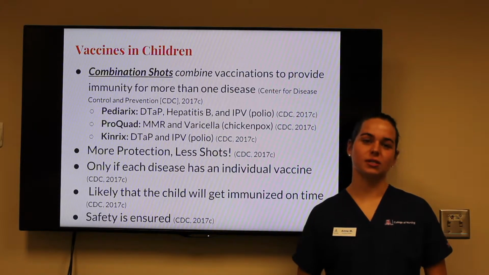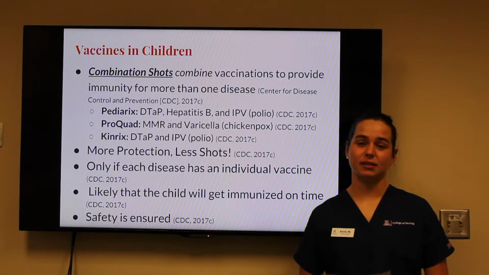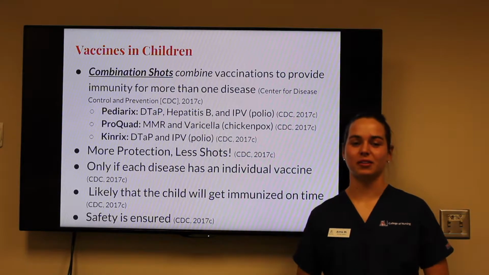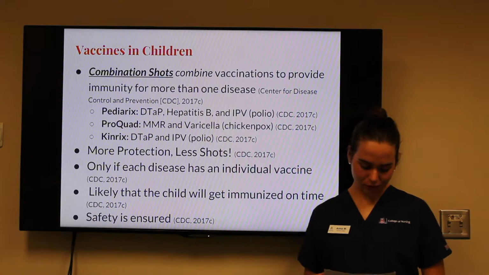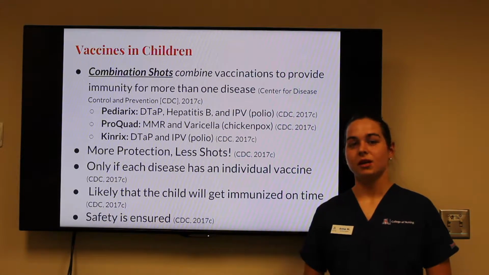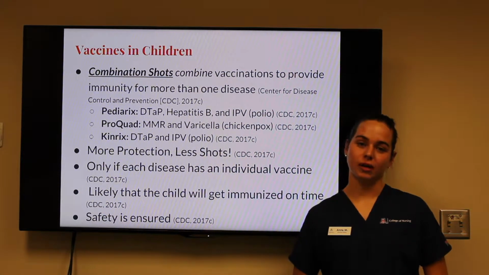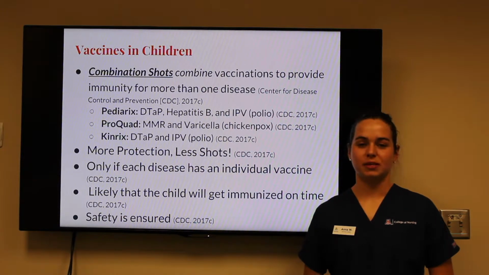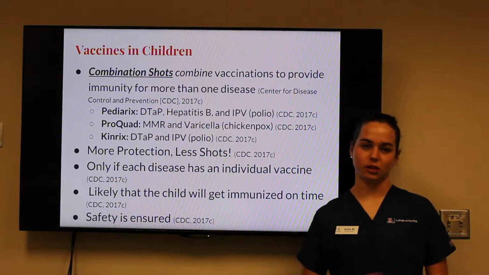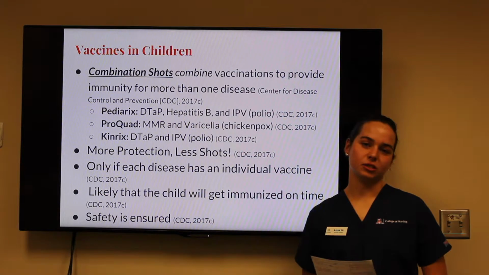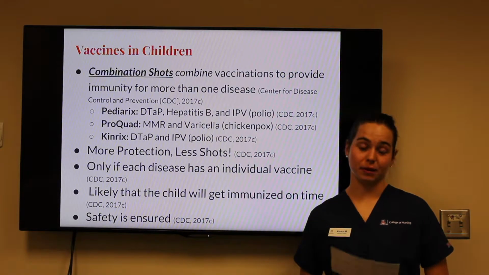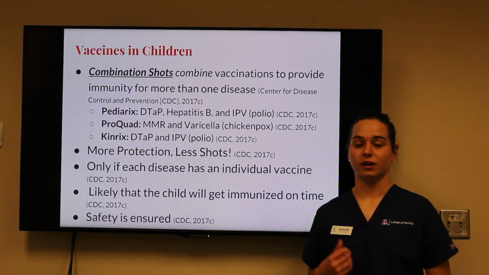It reduces the need for multiple pokes, and it provides a less intimidating environment for both parent and child. With combination shots, there's a greater chance that kids will get immunized on time, just because it is much more convenient to get it all done in one appointment. It's much easier to keep track of by the provider, and a lot easier to keep track of by the parent.